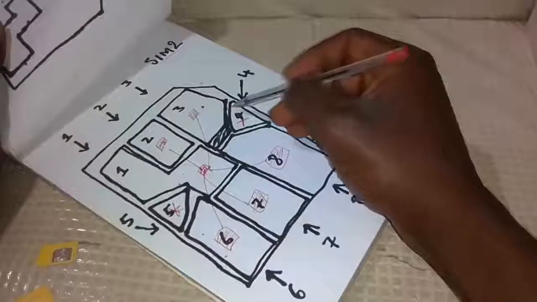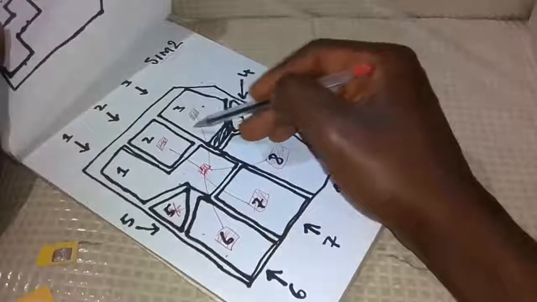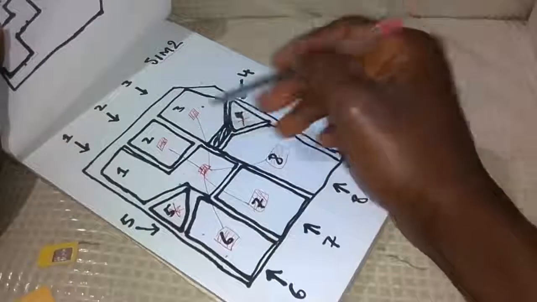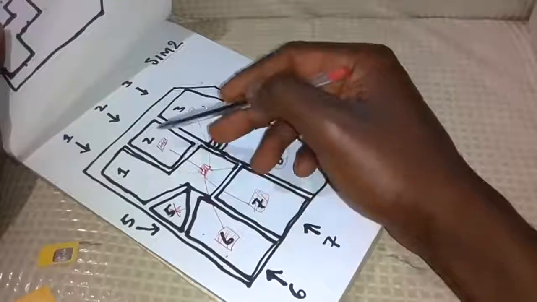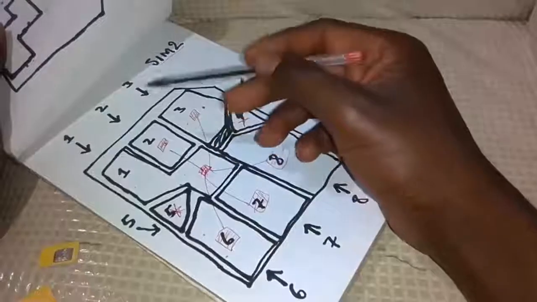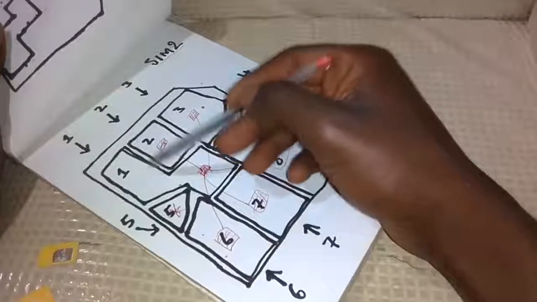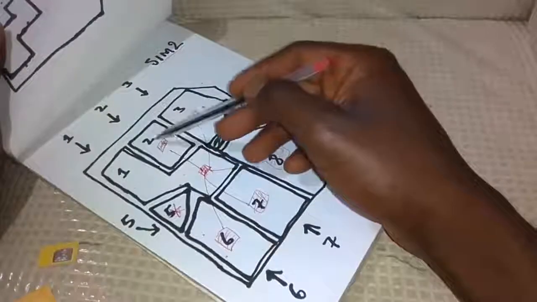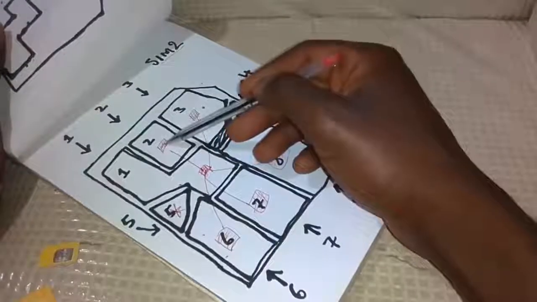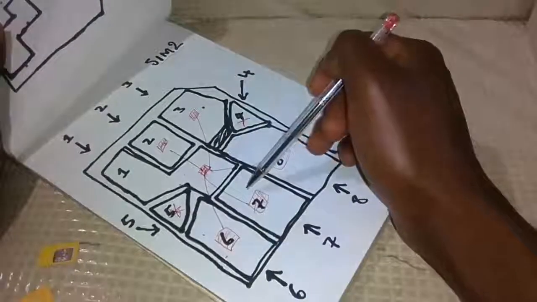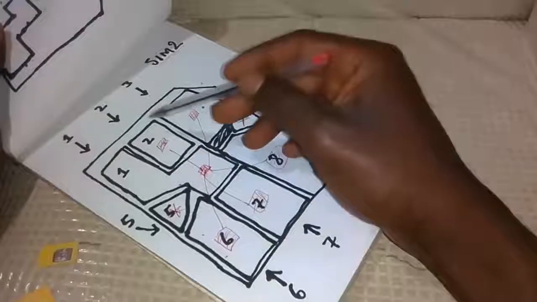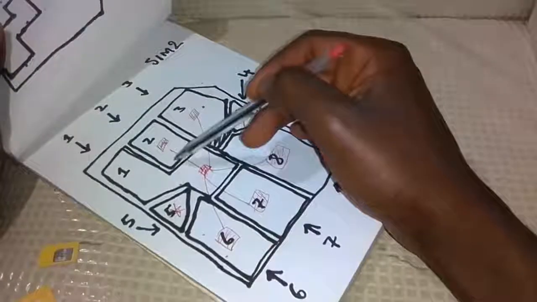Take note that you need to scratch just one portion out of the SIM. Don't go and start scratching this one, scratching this one. Maybe you scratch this one and it is not working. You go and scratch this other one, it's not working. You keep on scratching, going all around. That is not how it works. You just need to scratch just a portion on a SIM.